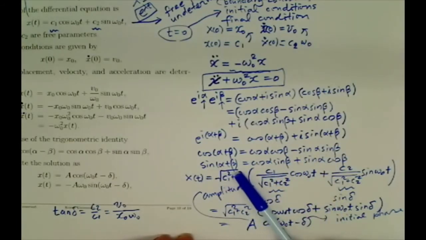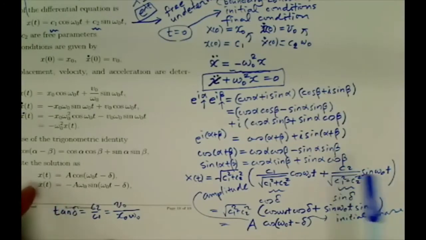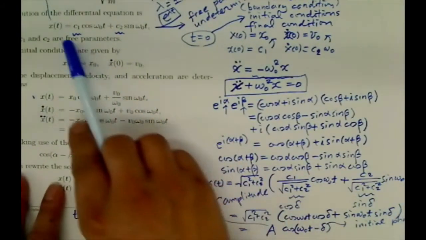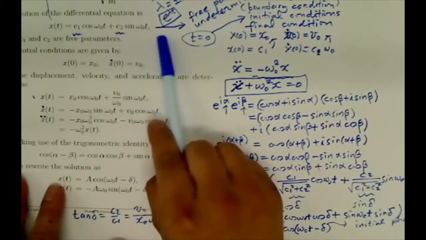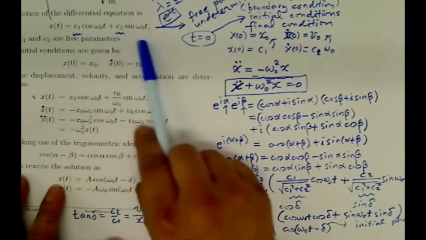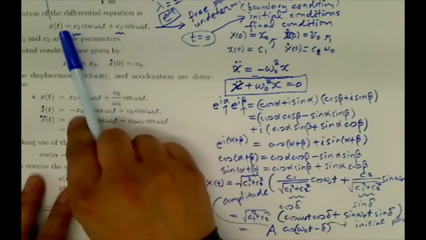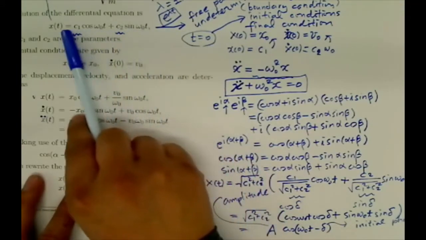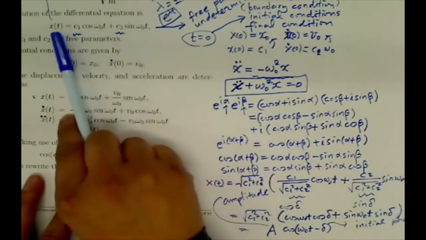Sine of alpha plus beta equals sine alpha cosine beta plus cosine alpha sine beta. Therefore, if we consider this solution, this is the sum of two sinusoidal functions. The sum of two sinusoidal functions can be combined into a single sinusoidal function.